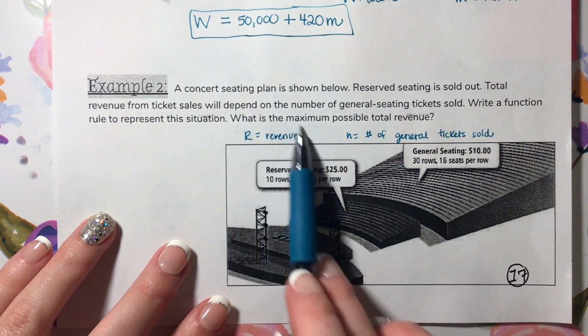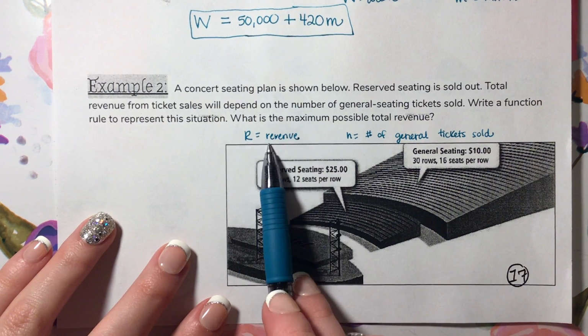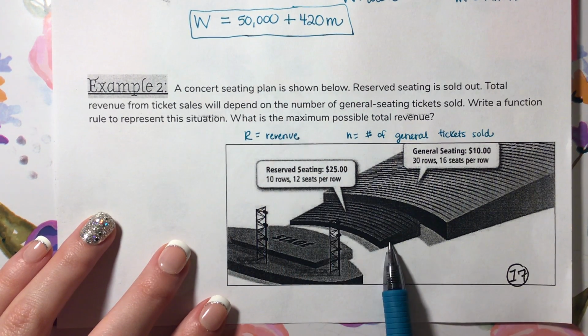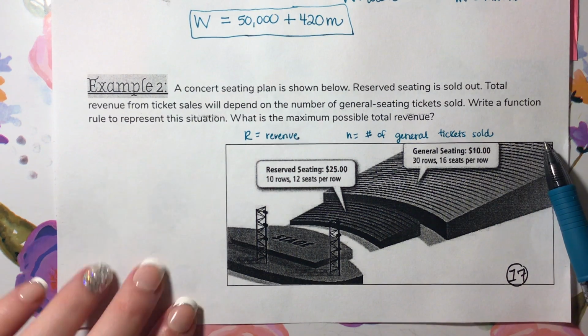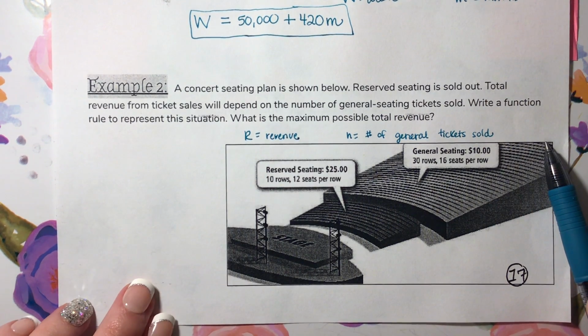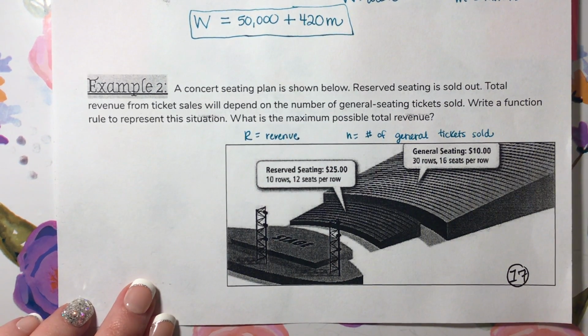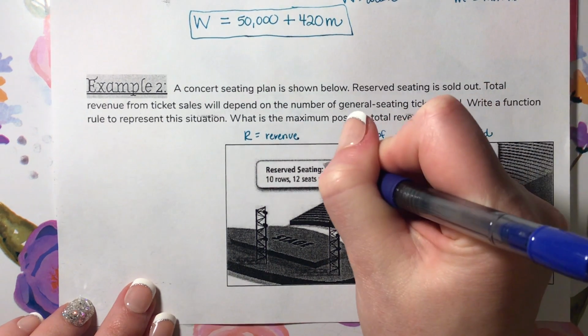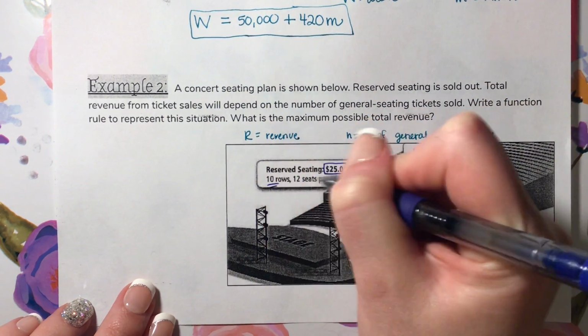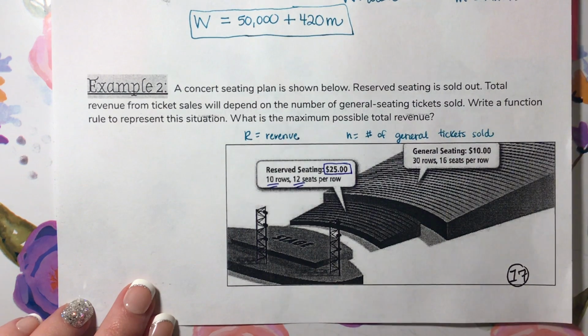Now, they're making money off of reserved seating and general seating. But how can we determine the amount of money that they make? Well, it's the price per seat as well as how many seats there are. So we need the price as well as how many seats there are. So let's get some of that stuff organized first.